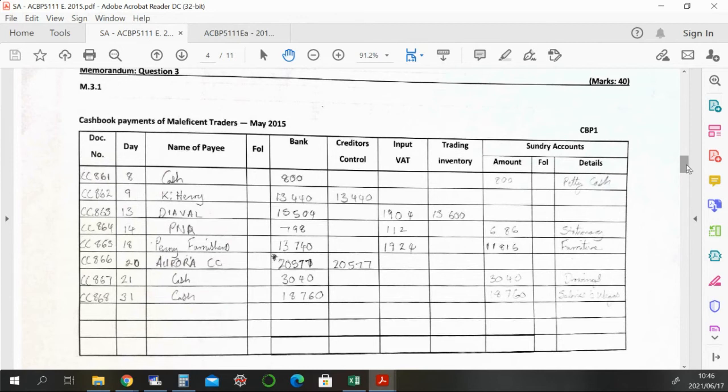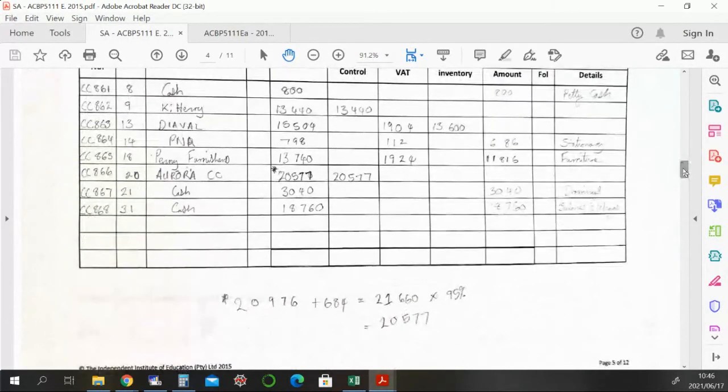The second column also doesn't contribute to it because it's also on the 20th and it's to do with that settlement discount. The 20th also has the same account just below it for Aurora, and it says settlement discount received from Aurora for settlement on account.